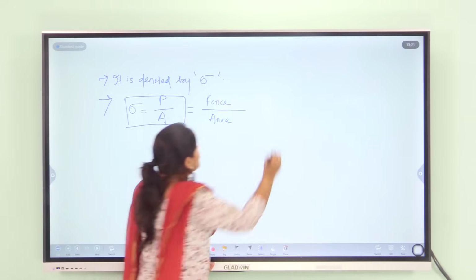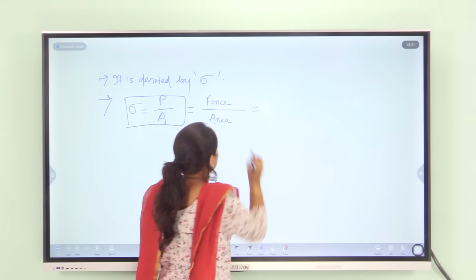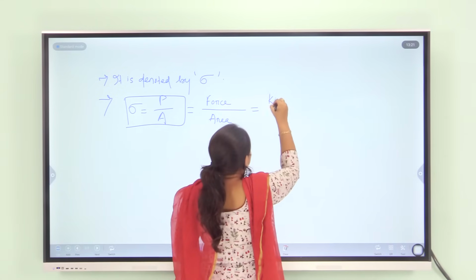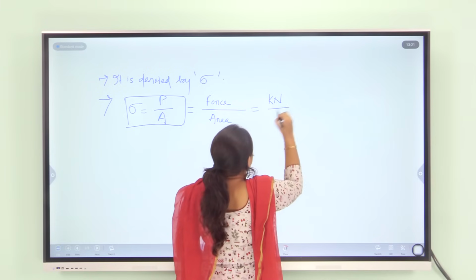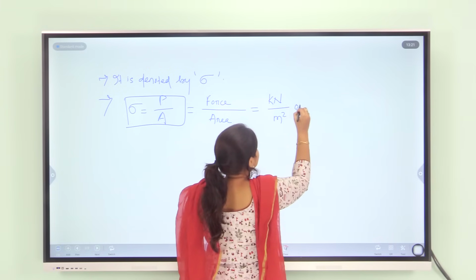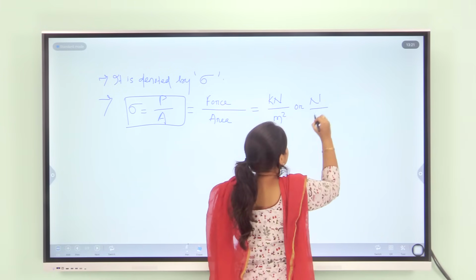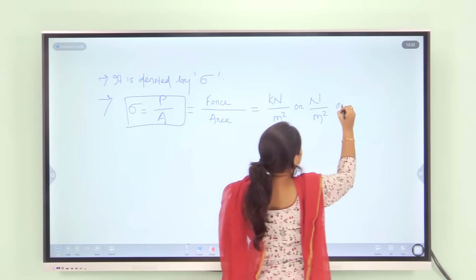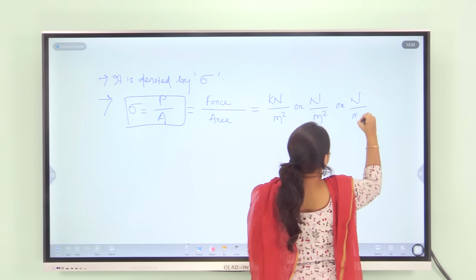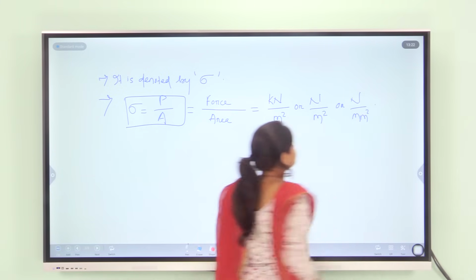So, the unit will become, for force we will take kilonewton per meter square, or Newton per meter square, or Newton per mm square.